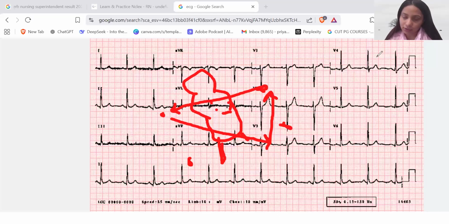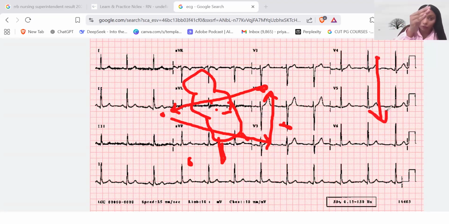For example, if I tell you that current moves from negative to positive, it is moving in one direction, so it has a vector. Anything which doesn't have a direction is called a scalar quantity.